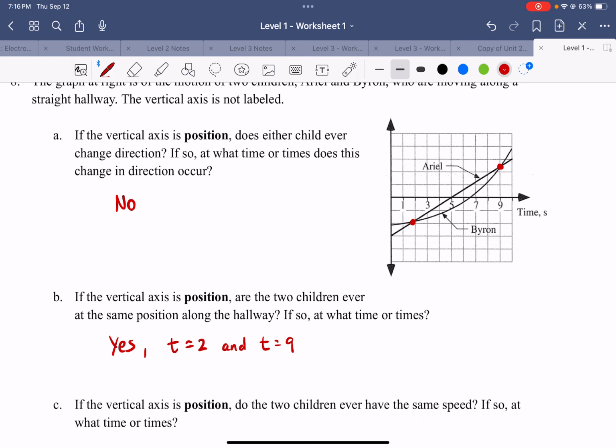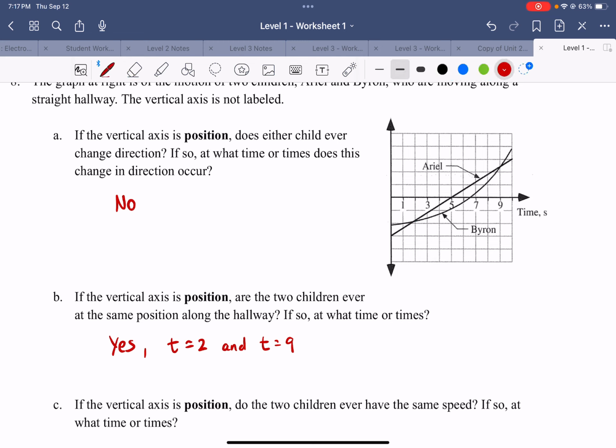This one is a little trickier. Ariel's line is a straight line, so it has some positive slope which does not change. That means Ariel has a positive velocity and it is constant the entire way.